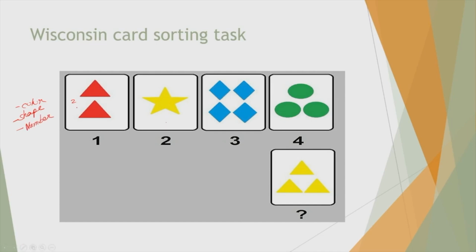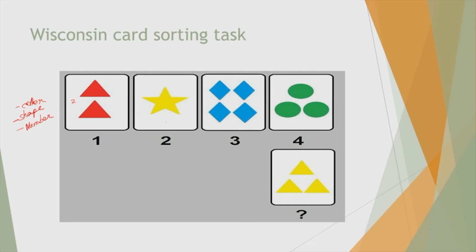Now, the game starts like this: the experimenter starts playing and sorting the cards as per some rule, and the participants who are taking part in the experiment have to play along. They notice the experimenter and then they play along.